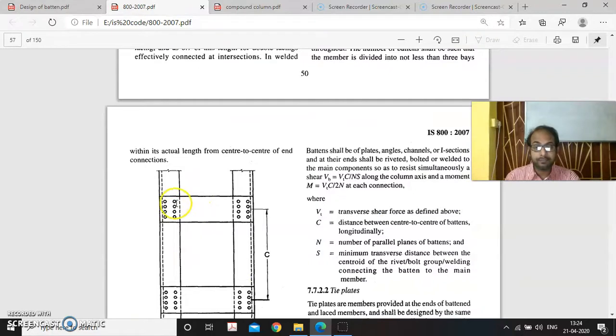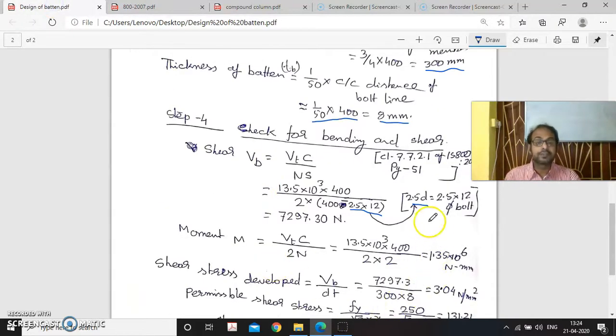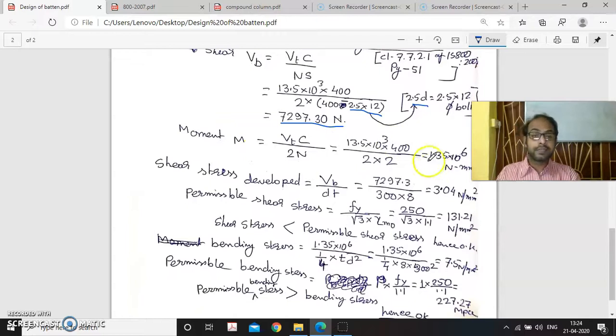From here to the face, the distance is 2.5 D. So we have subtracted this face to face distance that we have considered. So it's coming as 7297 Newton. And the moment is coming VT into C into 2 by N. N is 2, so divided by 4, it is coming as 1.35 into 10 to the power 6 Newton millimeter moment.